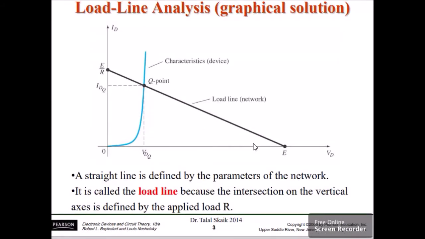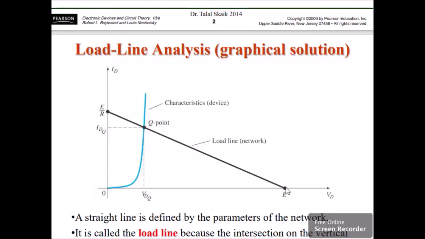So, first step is we draw a straight line. Once we have the straight line, we determine where they meet. Where they meet is what we call the Q point or the quiescent point. That point has a corresponding value on our x-axis or VD, which we will call VDQ.